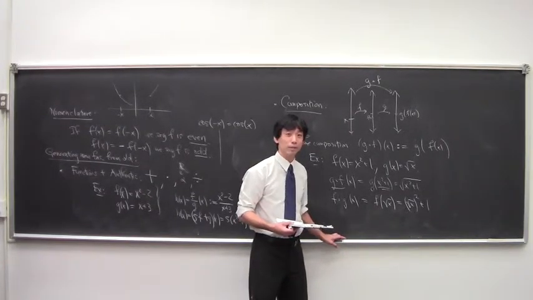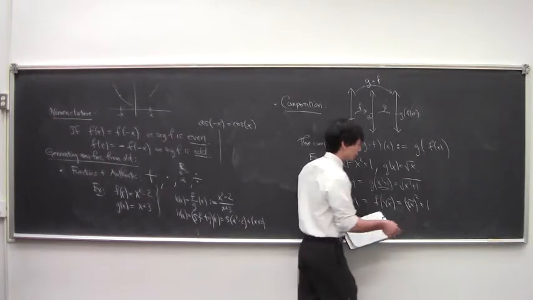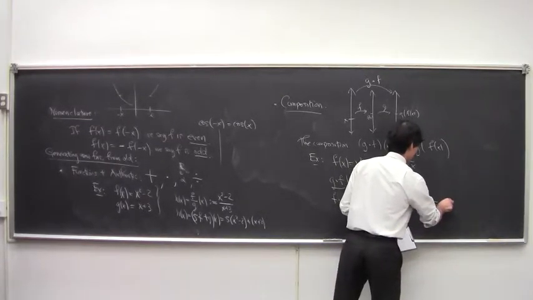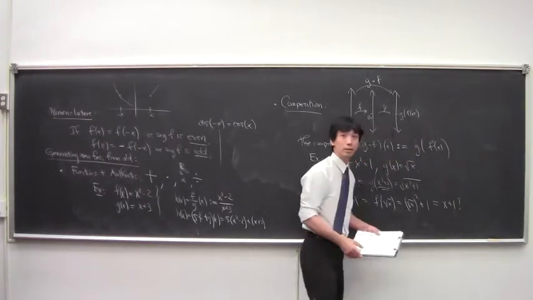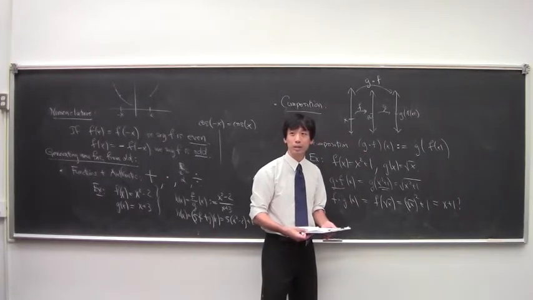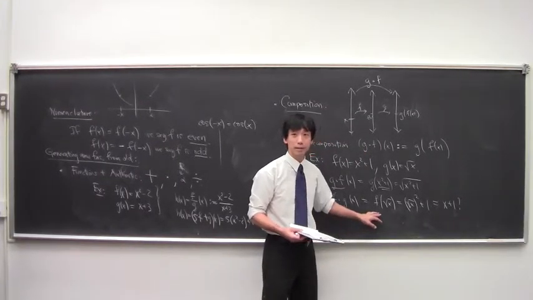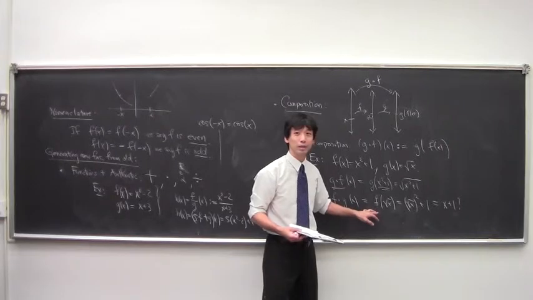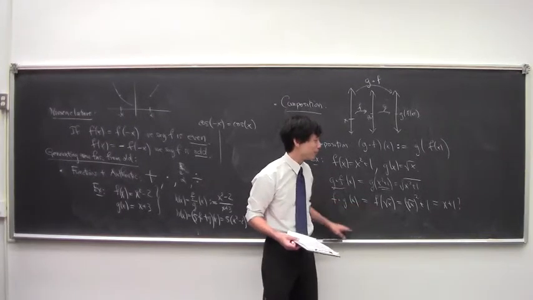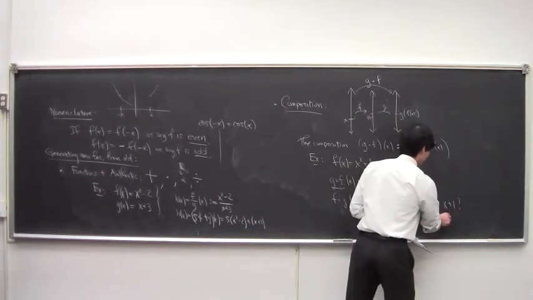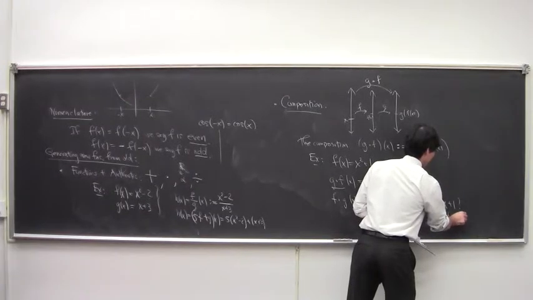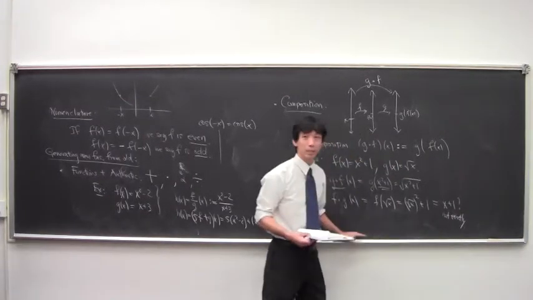It has to be greater than or equal to 0, right? Even though you might say, isn't this the same thing as x plus 1? It's not exactly the same thing as x plus 1, because it's this composition. So you have to be a little bit cautious about the domain.